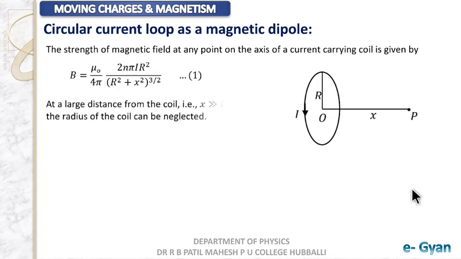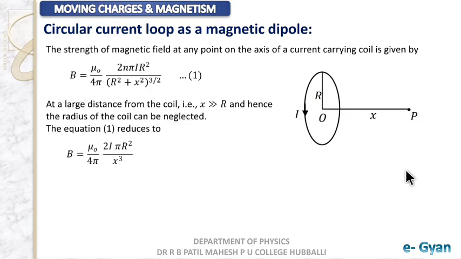Here, for larger distance, if x is too large, then r can be neglected. If we neglect that and write equation 1, then we get B is equal to mu naught divided by 4 pi into 2 I pi r square divided by x cube. Here we are dropping n, so that we take only one loop of current.